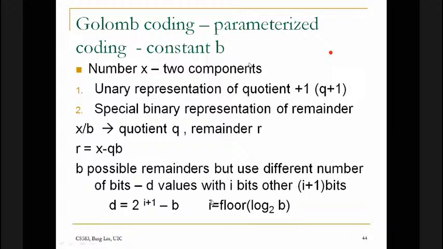What is the D value? 3. Totally you have 5 decimal values, that is 0, 1, 2, 3, 4. Among them, 3 will have 2 bits. The remaining 2 you will code with 3 bits. Is it clear?